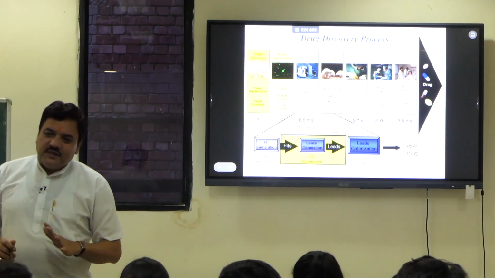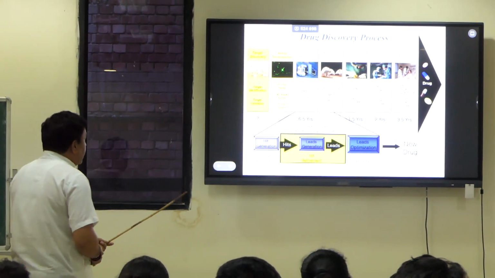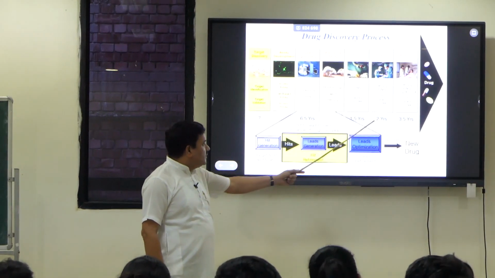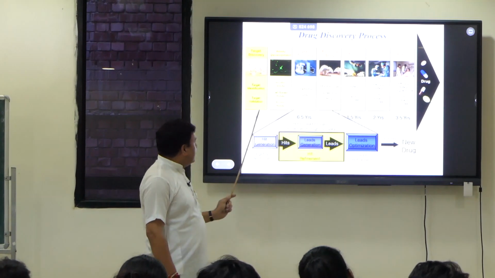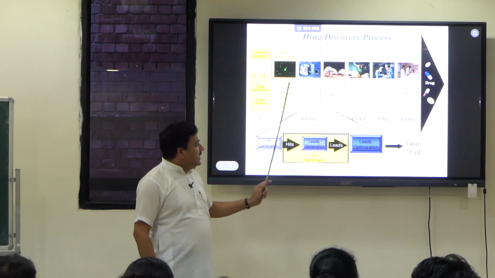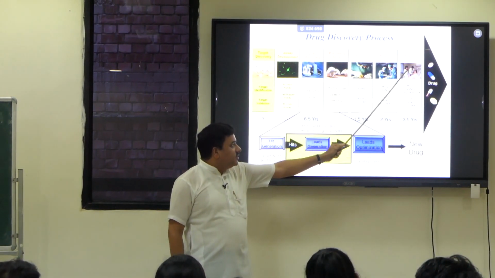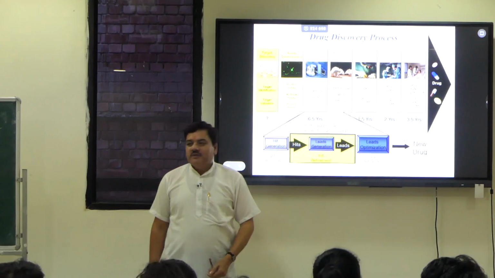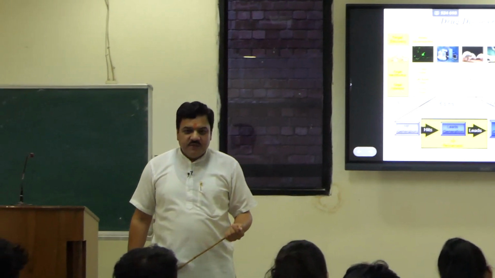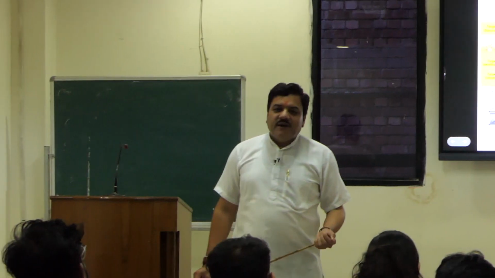Is it clear? So it altogether takes 10 to 15 years. Like this is 7, and this is 8 to 10, and then 1 to 4, and then 1 year here somewhere, 6 months to 1 year. So 14 to 15 years. And if the phase 3 clinical trial is also qualified, then that becomes an FDA approved drug. Food and Drug Administration is a department that exists in all the countries.